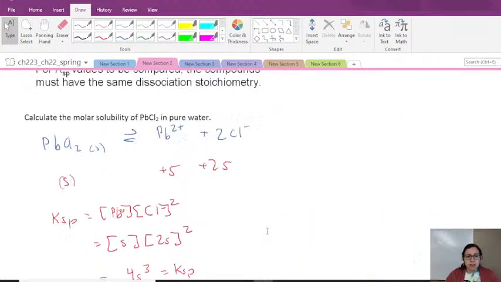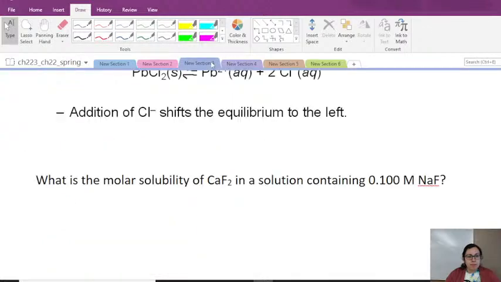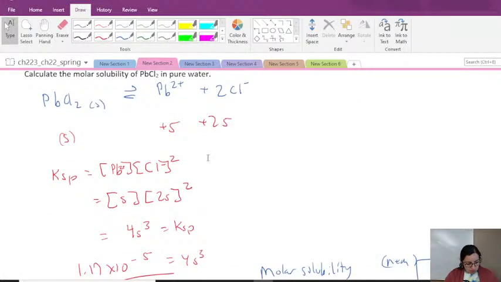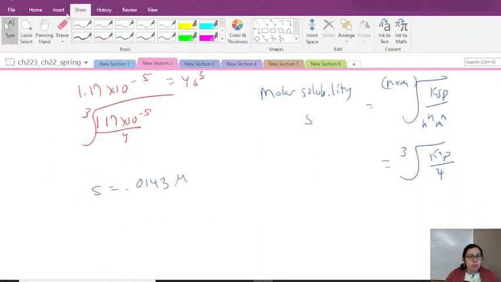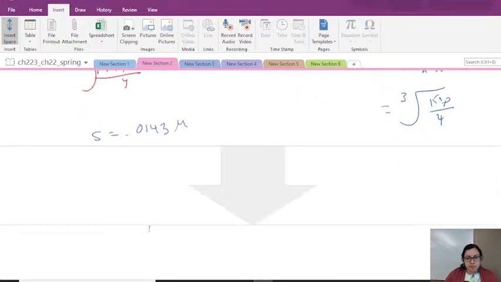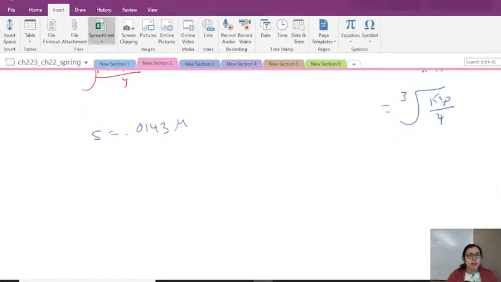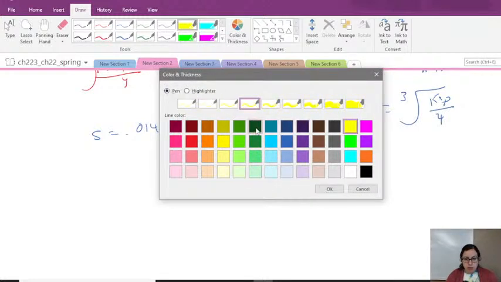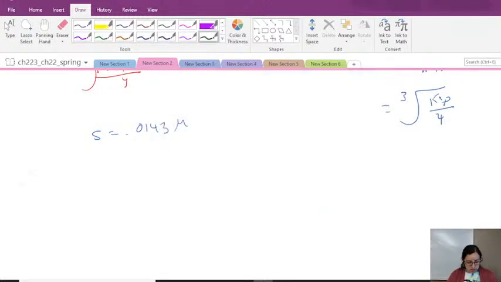Questions so far? Let's do another practice. So see if you can do the same thing with now silver chloride.